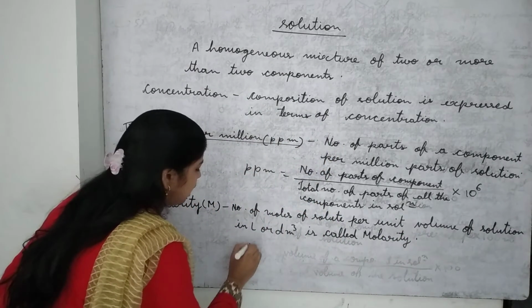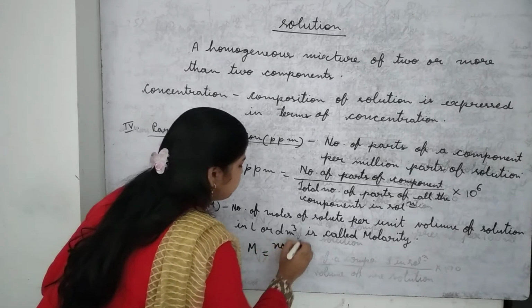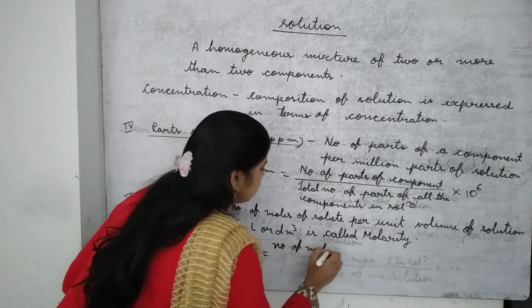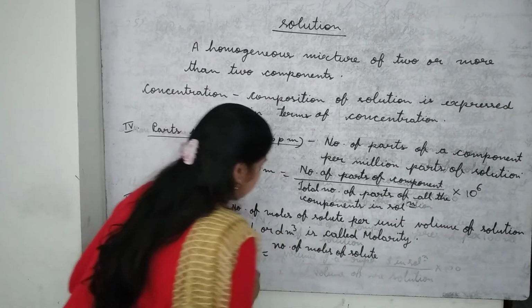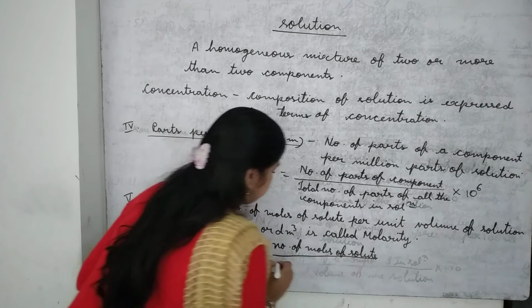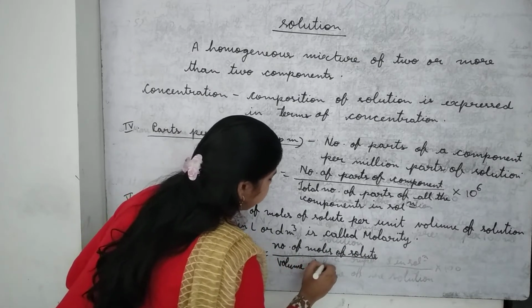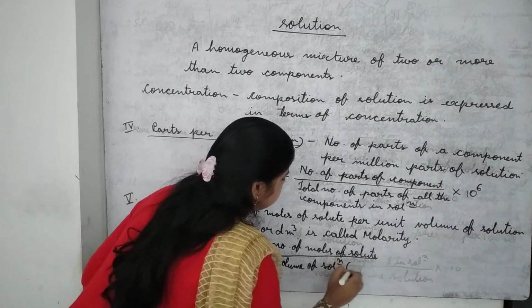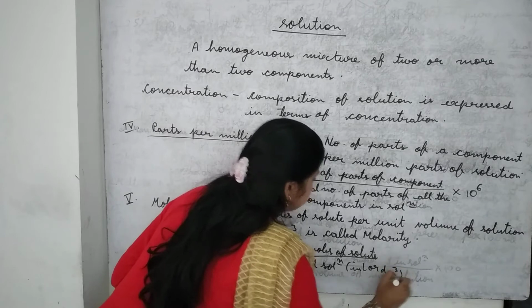Molarity is equal to the number of moles of solute divided by the volume of solution in liter or in cubic decimeter.